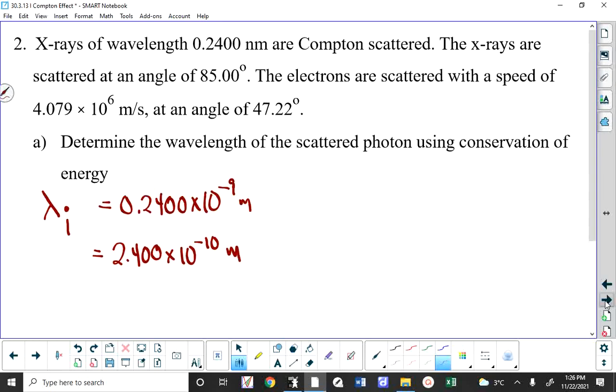Now, you might wonder why the importance is placed on all those digits. Why I just don't go 0.24. Well, we'll come back to that a little bit later, but basically because the amount of energy the photon loses is usually very, very tiny, which means the wavelength goes up by a really tiny amount.